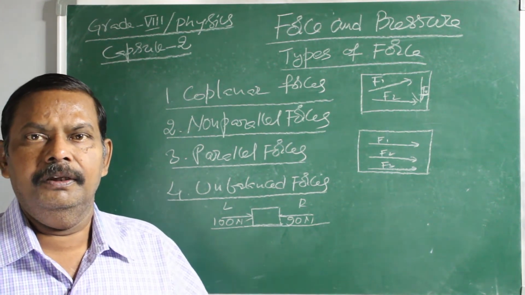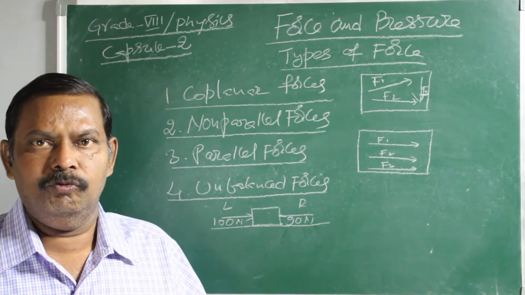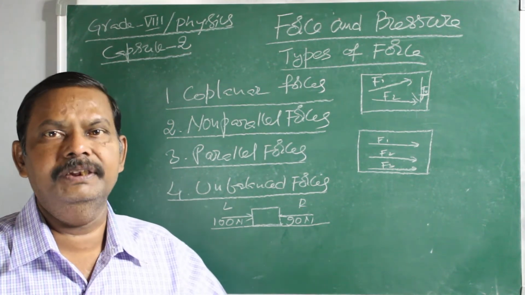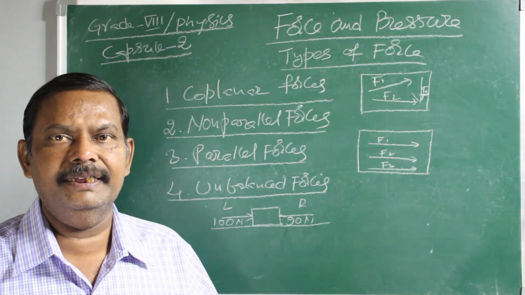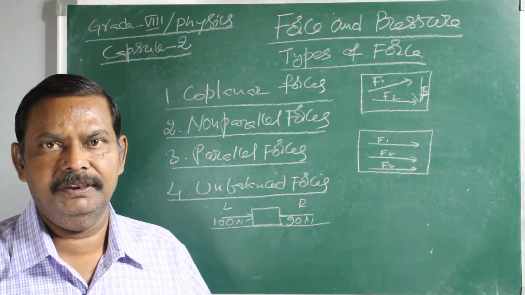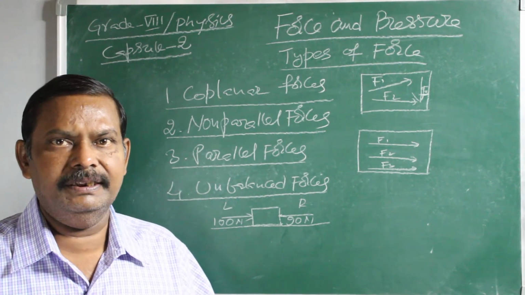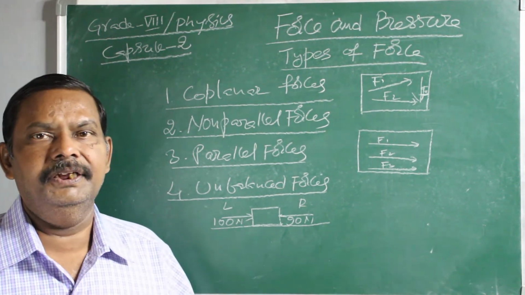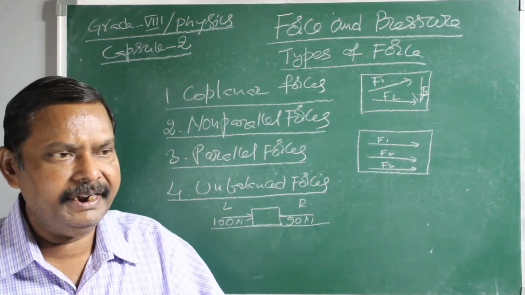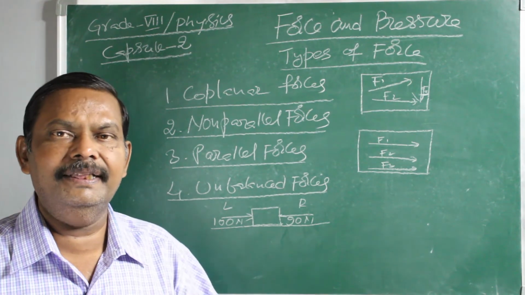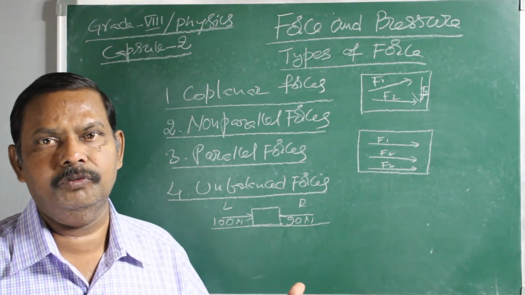If unequal forces are acting on an object parallel to each other, then they are called unbalanced forces. If two or more parallel forces are acting on the body, and the forces acting in one direction and exactly the opposite direction are not the same, then they are called unbalanced forces.